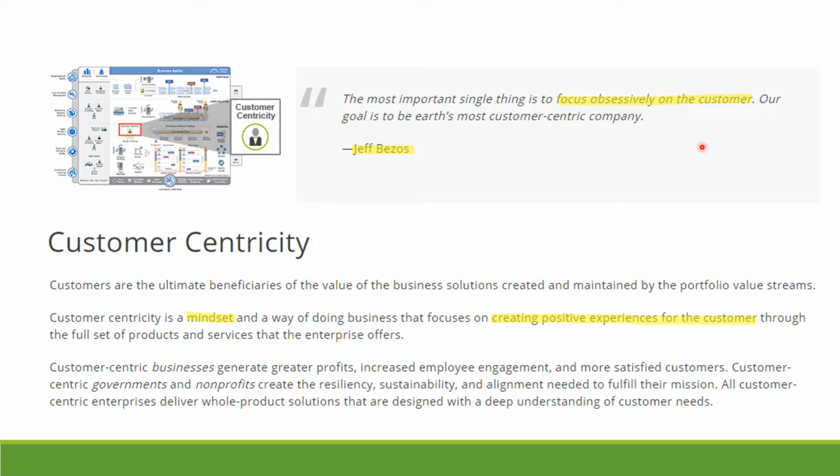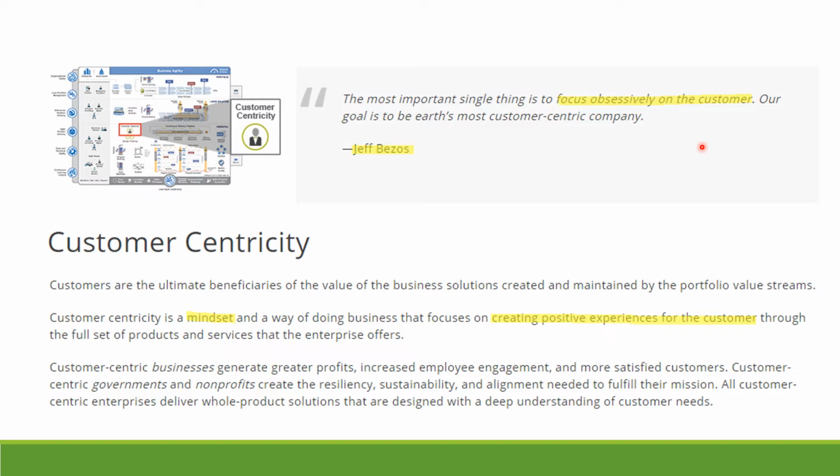Customer centricity is a mindset. It's a way of doing business that focuses on creating positive experiences for the customer through the full set of products and services that the enterprise offers, right? Because the customers are the ultimate beneficiaries of value of business solutions created and maintained by the portfolio value streams or any value stream, right?